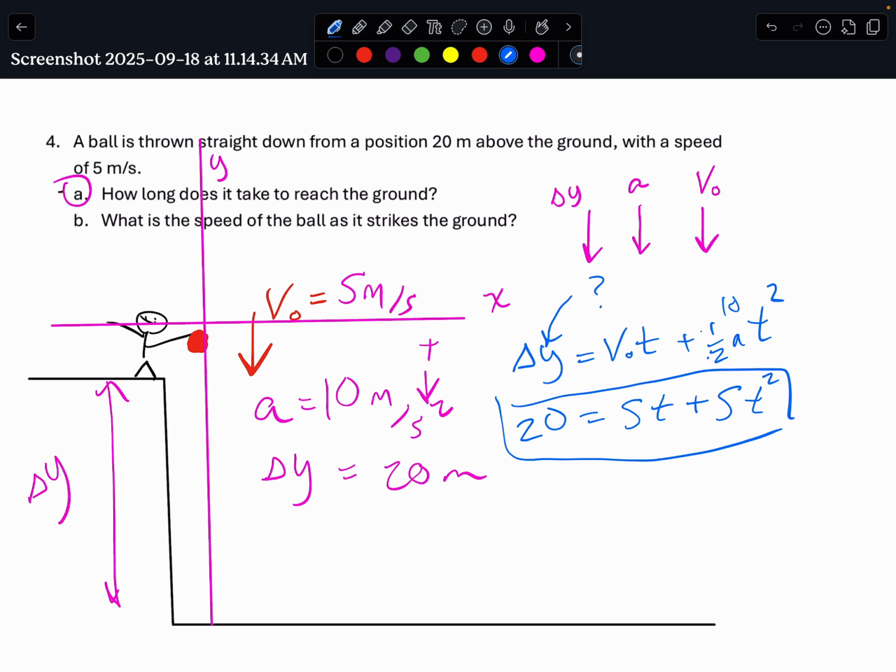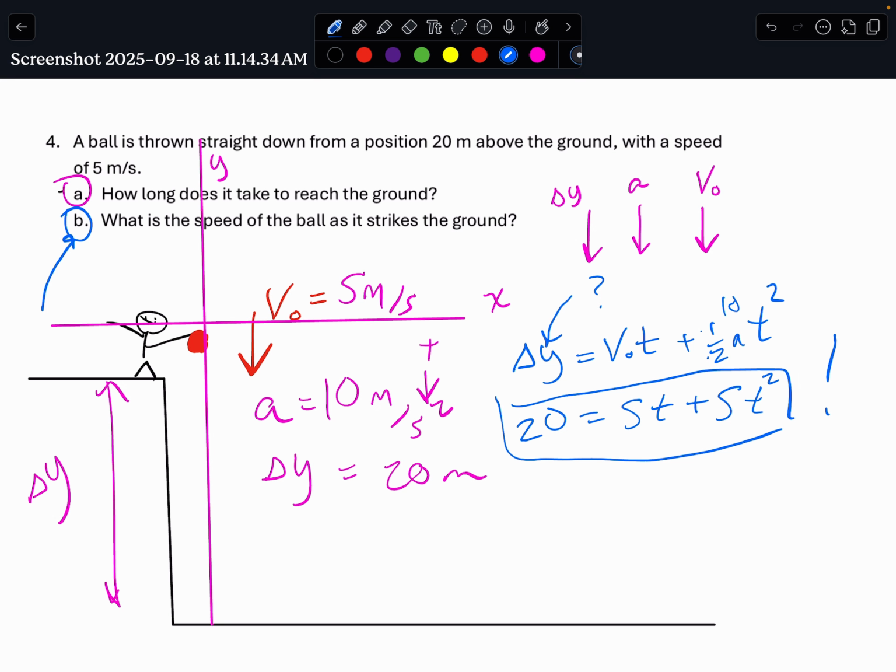But I'm going to show you another way to get t, and that involves finding the second one first. You don't need to find these in the order of the questions. What I'm going to show you is a way to do this that doesn't involve solving a quadratic equation, because that can be a little scary sometimes initially.